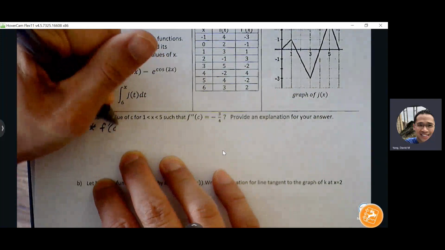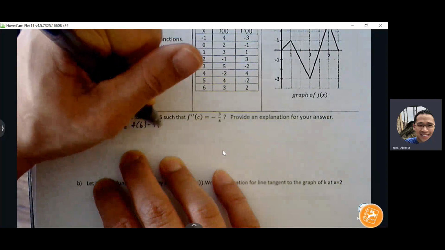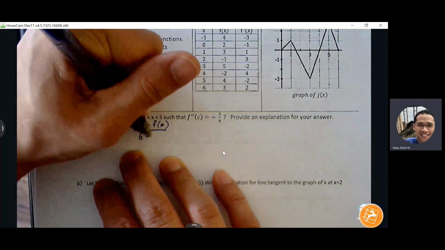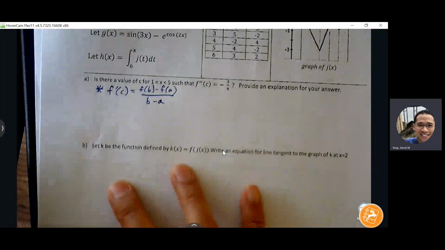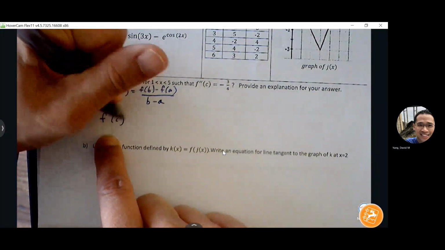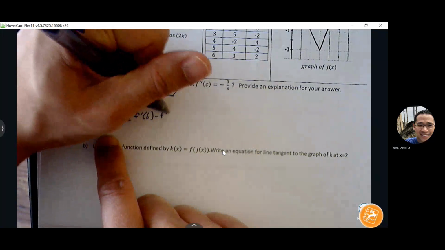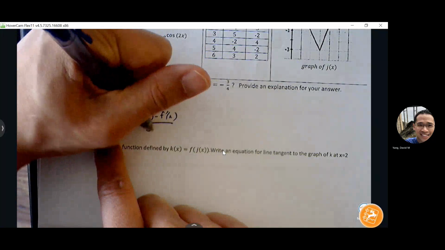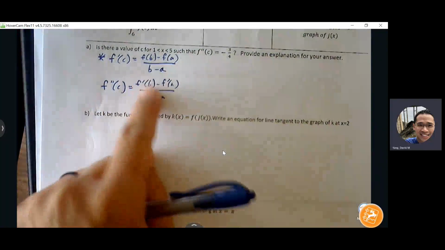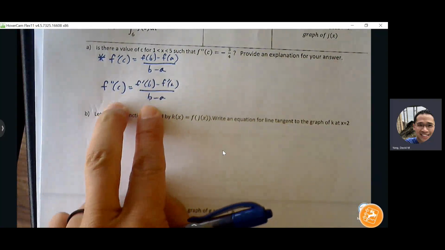Since f prime of c is equal to f of b minus f of a over b minus a, I can take this and make it apply for one derivative down. Now I don't take the derivative of b minus a, just the ones involving the function.